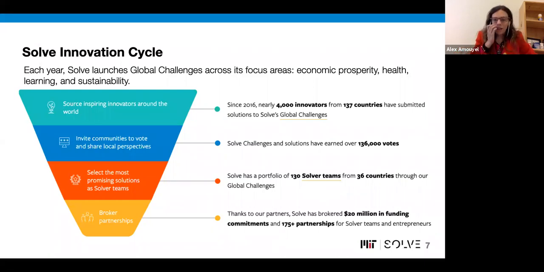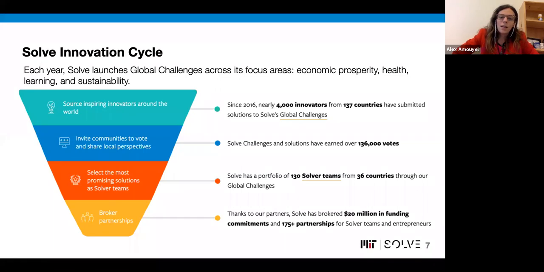This is a diagram, and hopefully you all like diagrams, of our innovation cycle. So how we source entrepreneurs from all around the world. And we get several thousand applications through our global challenges every year.